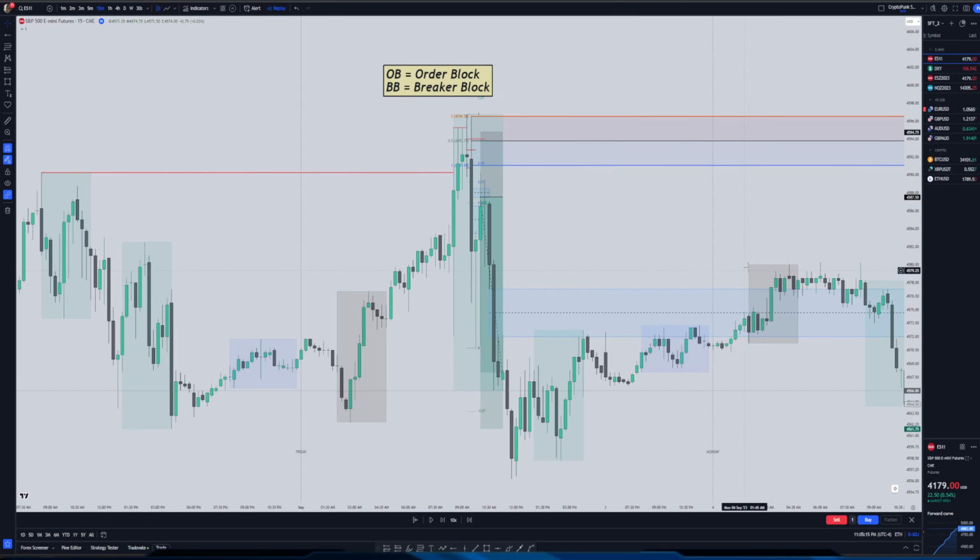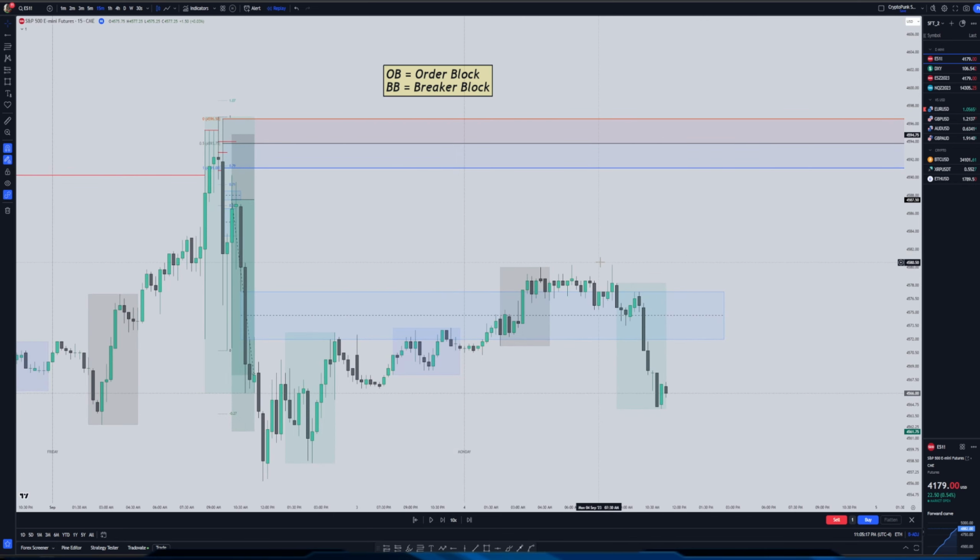But anyway, so this is where price came. Yes, I can see some reclaimed order block, but I don't want to talk about it because I don't need a reclaimed order block. You see, this is your reclaimed order block.